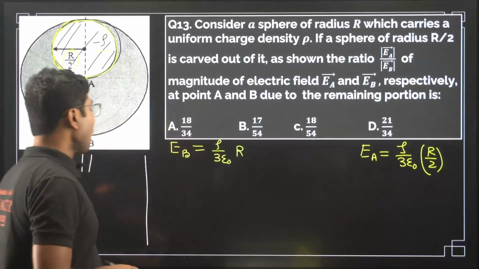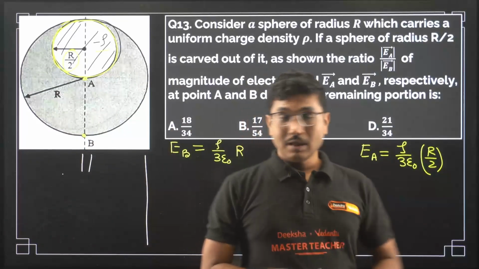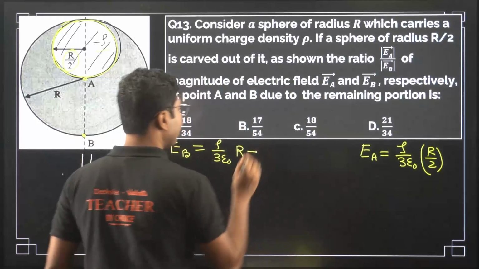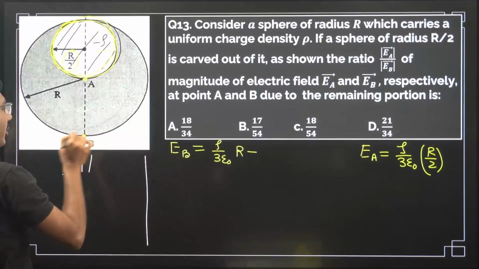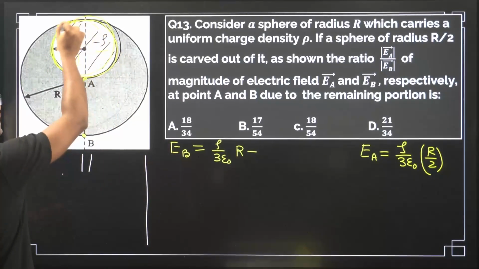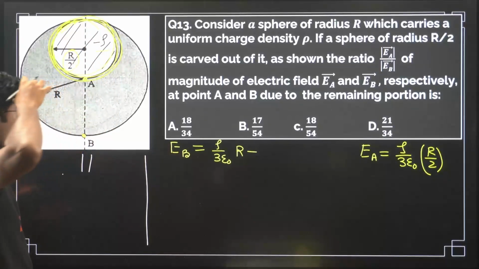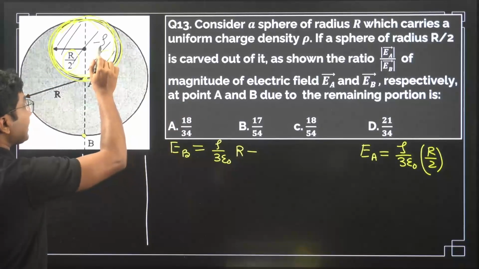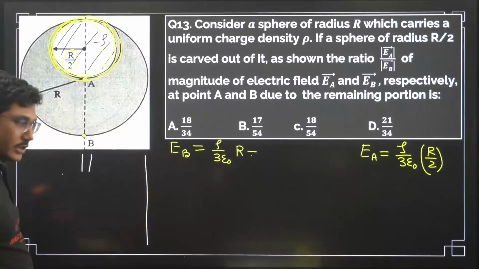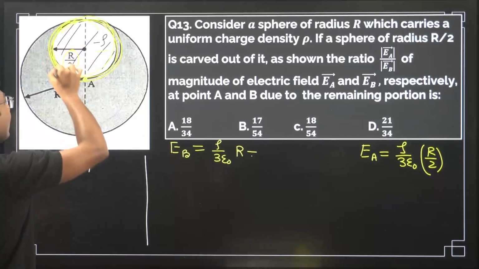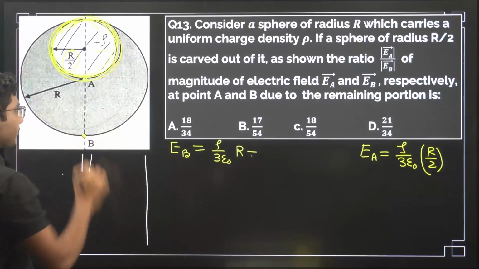Now we have to find the electric field due to this smaller sphere again at this point. This smaller sphere is negatively charged, that's why there is a negative sign over here, and we will consider rho positive. So what is the electric field due to this sphere at this distance?